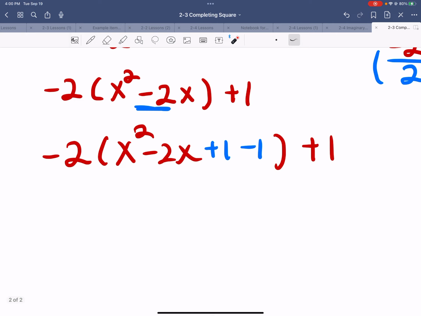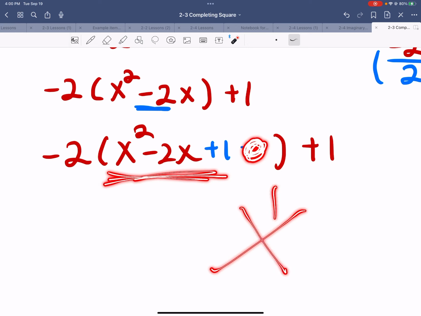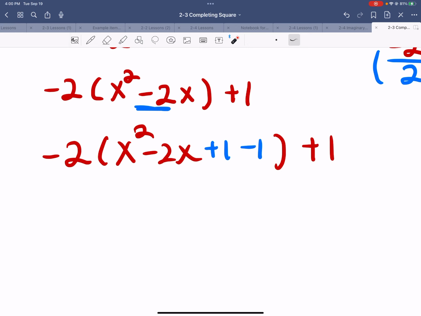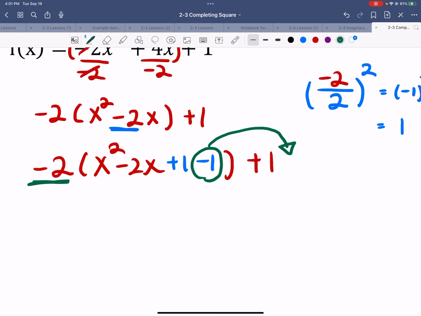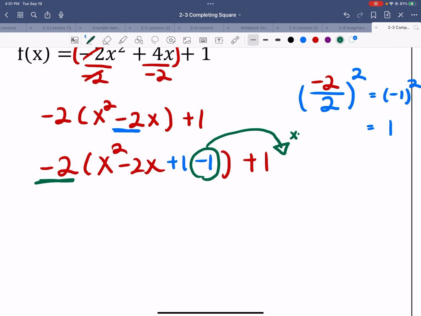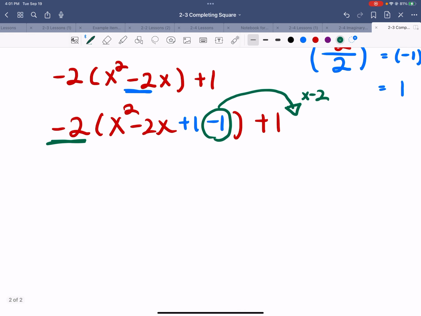And now you want to get rid of this part, because if I have only these three numbers, I can factor this with a 1 and -2, right? So I want to get rid of this. So let's take this one outside of the parentheses. When you do this, you have to multiply this number by the number in front of the parentheses, because that is guarding these parentheses. So you're going to multiply this one by -2.